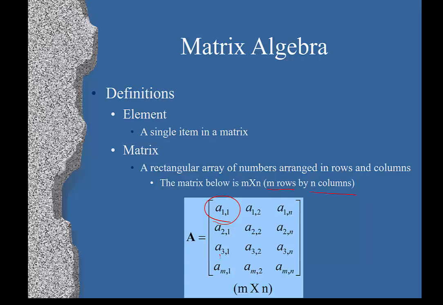In this case it would be 4 rows by 3 columns, so this would be a 4 by 3 matrix. Generally we designate a matrix by its order, which is the number of rows times the number of columns.